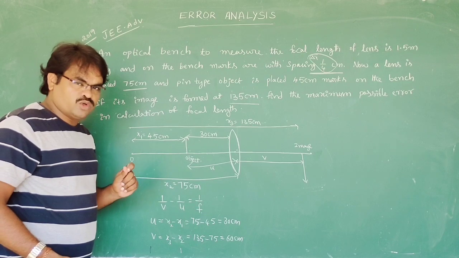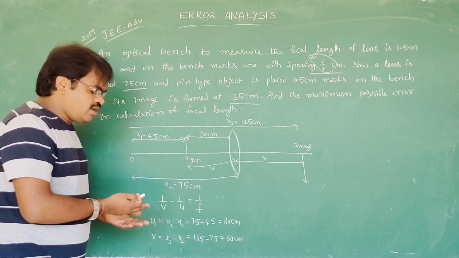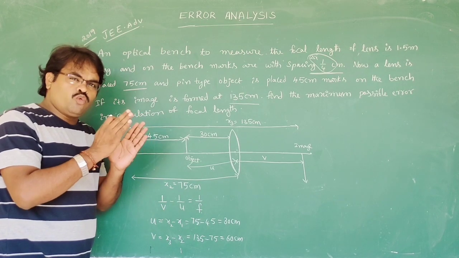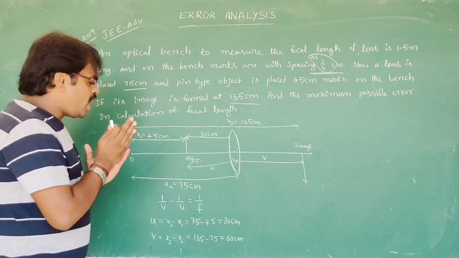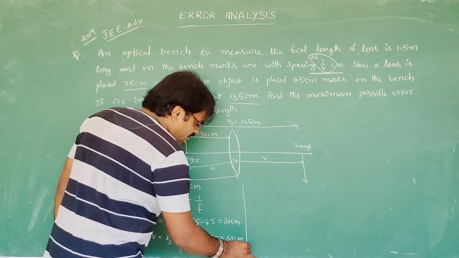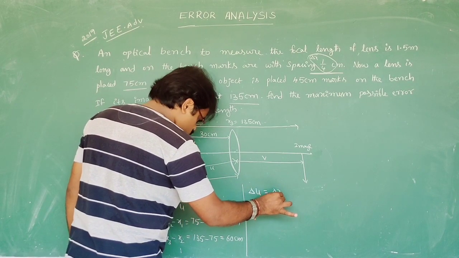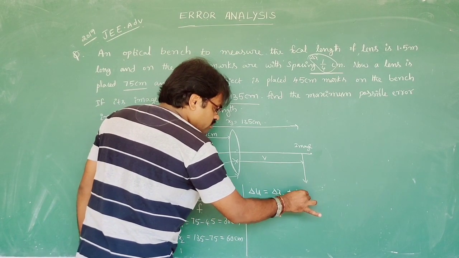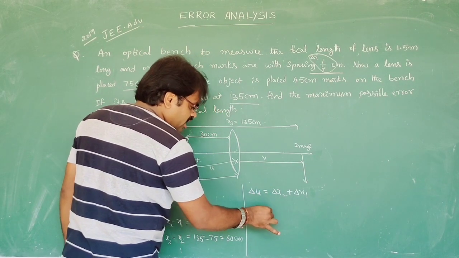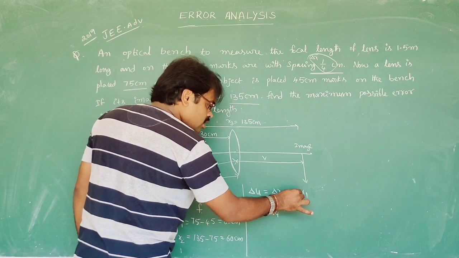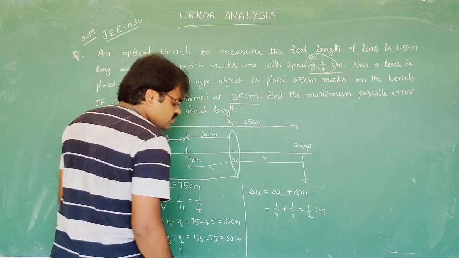Whether it is a sum or a difference of two quantities, the maximum possible error in U is delta x2 plus delta x1. Delta x2 is 1/4 plus 1/4, so we get 1/2 centimeter.